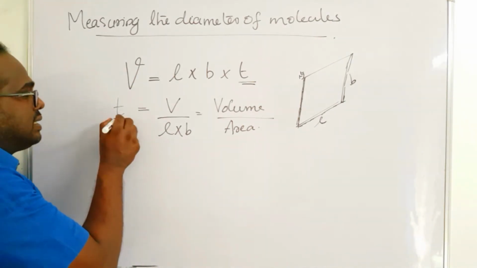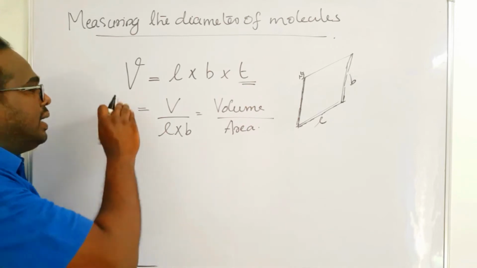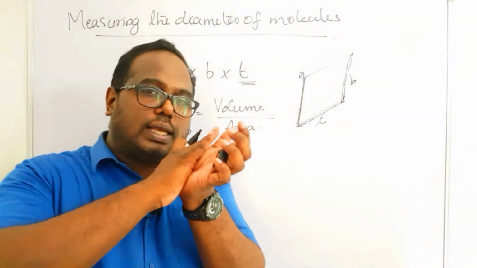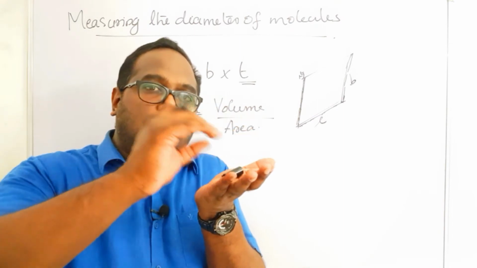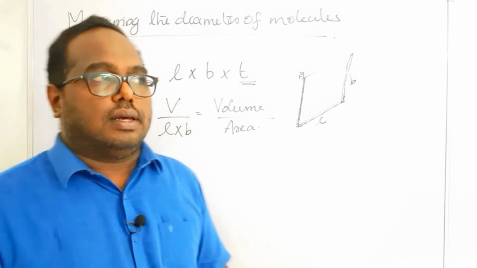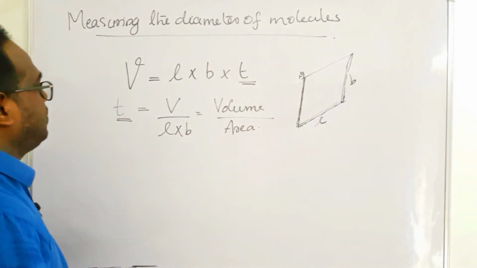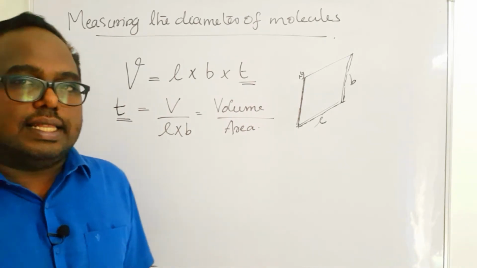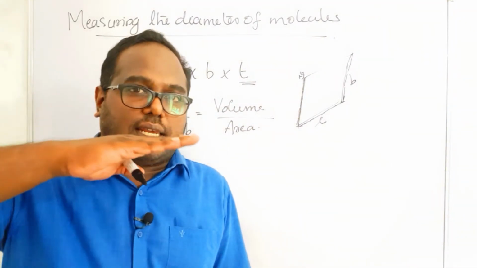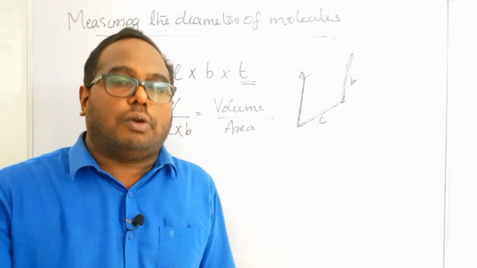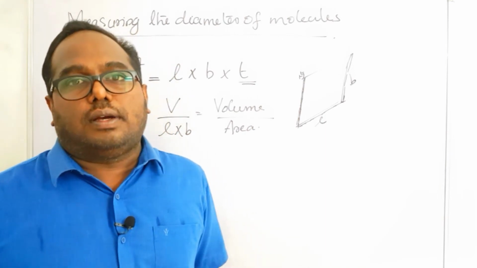That is thickness. So this thickness, if we are able to make this thickness which is equal to, that is we have to make that surface so thin such that that thickness will be equal to the molecular size. So that is our aim now. We have to make a substance such that the thickness of that sheet, make it as a sheet, very thin layer of the substance, such that the thickness will be equal to the diameter of the molecules.